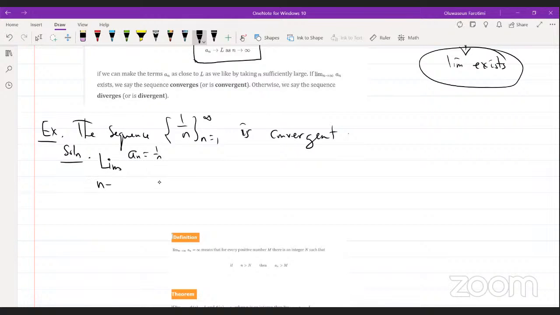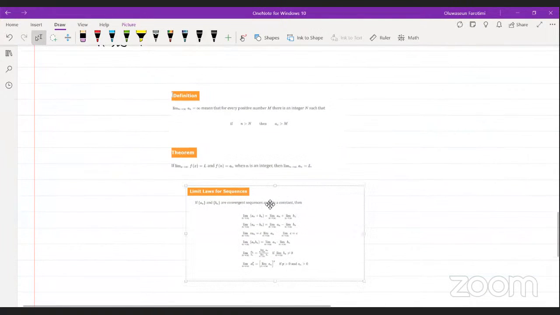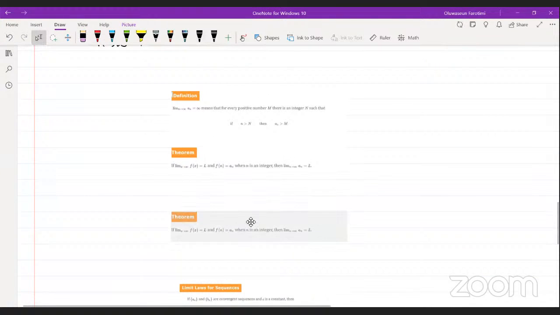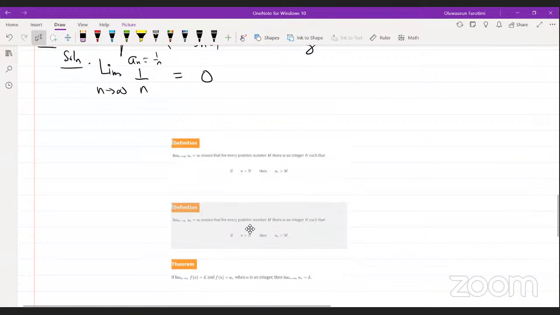So that means the limit as n goes large of 1 over n. Now, what is this limit, guys? This is just 0. Okay. So what kind of number is 0? 0 is a finite number, and that means it converges. All right, so in this session, you need to remember what you learned about computing limits, okay? You need to have a good idea about your limit computations.